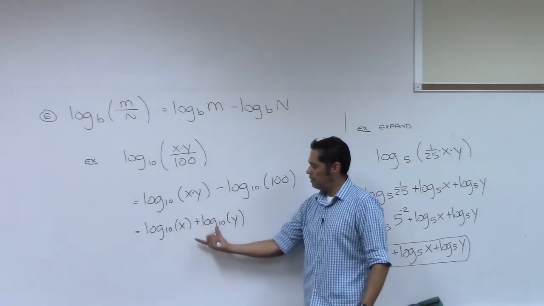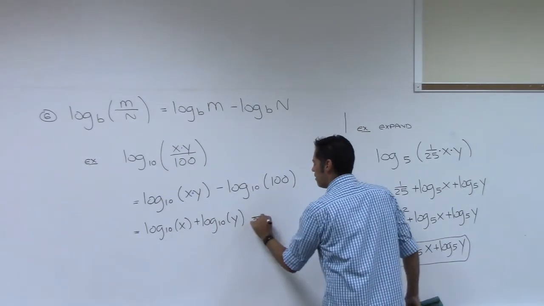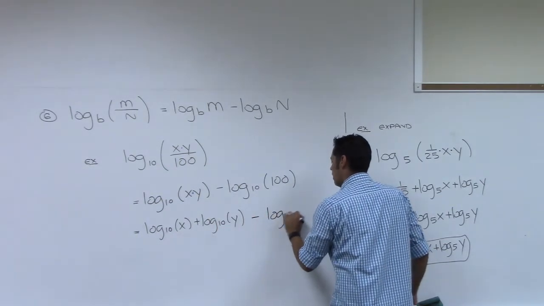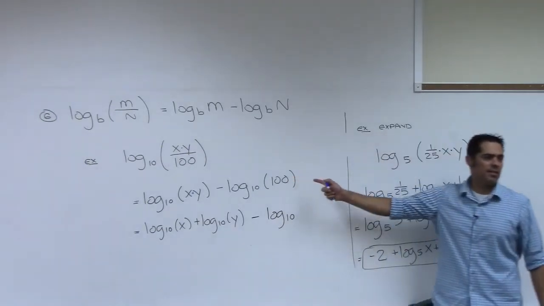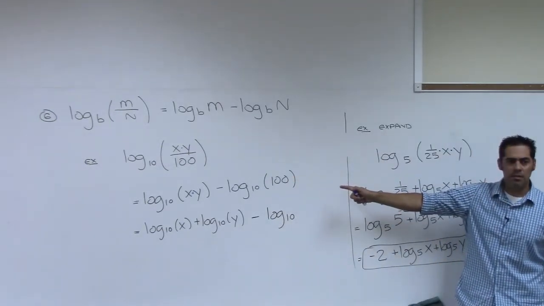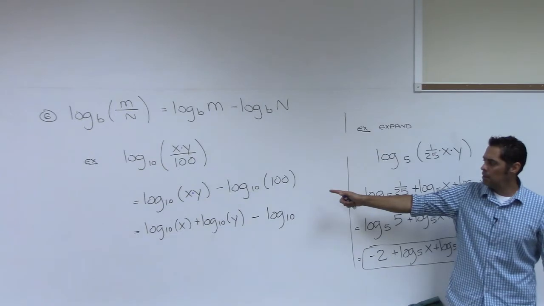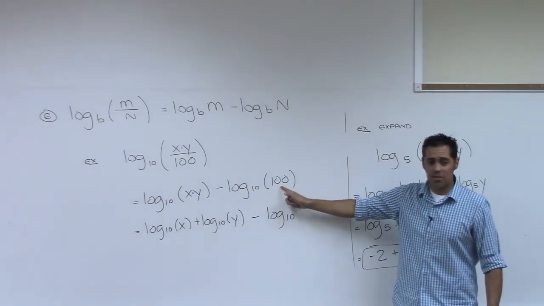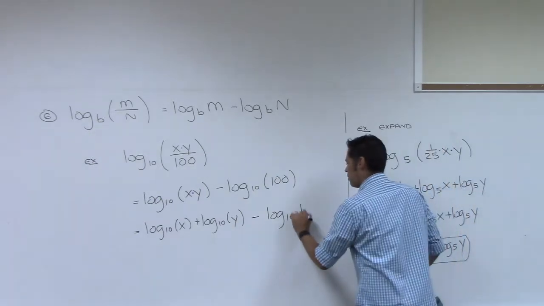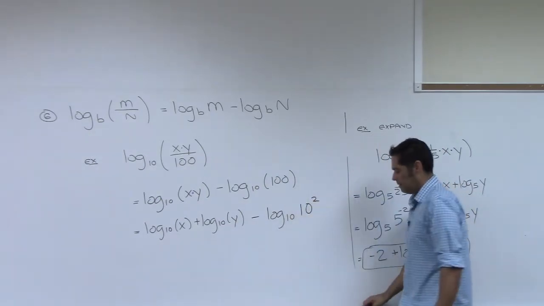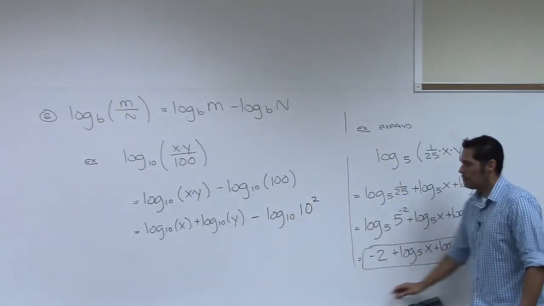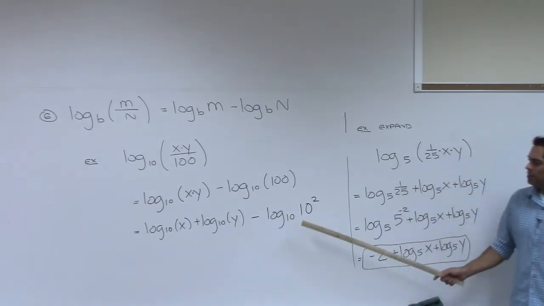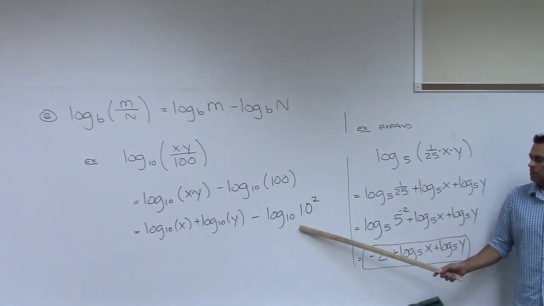That's this split. And then I still have this log base 10. And how could I rewrite 100? Ten squared, right? 10 squared. And what's this log? 2.